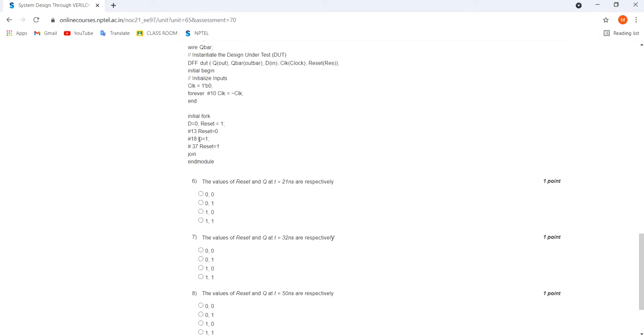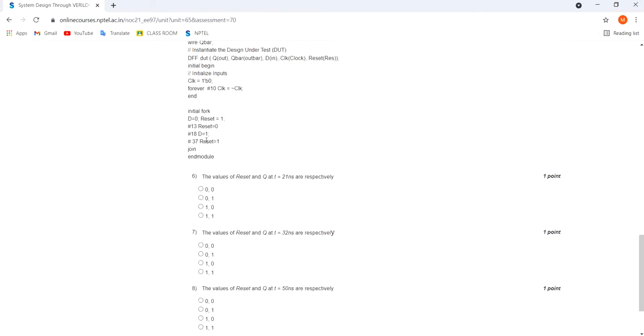After 18 nanoseconds, D is equal to 1, so D will be high. After 37 nanoseconds, reset is equal to 1. After reset is 0, the output will be D, that is Q is equal to D.